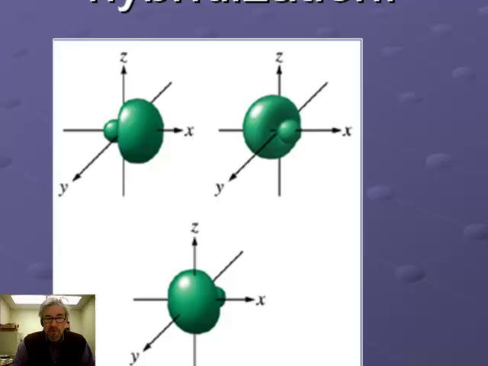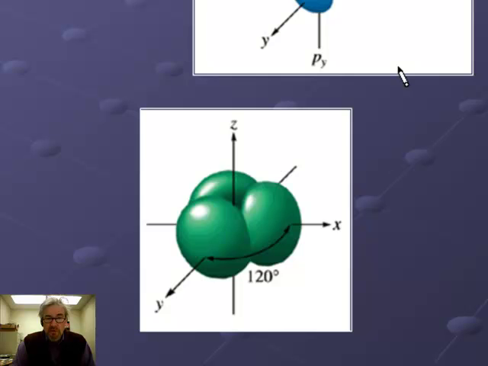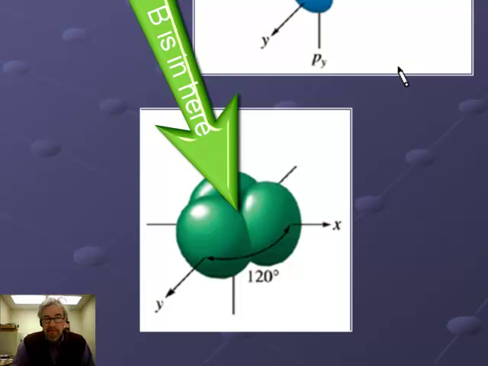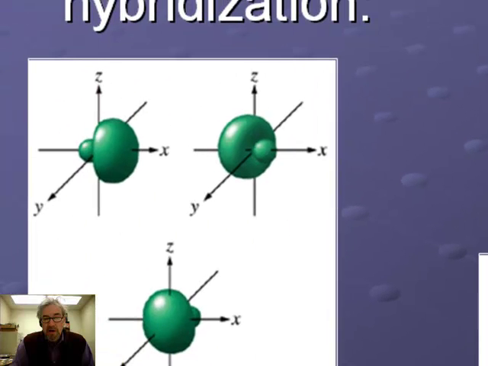Those three regions of electron density, the best they can do is get 120 degrees from each other in a flat surface, and so that's where the trigonal planar molecule comes from. And again, thinking of the central boron at the zero point of these three axes, on the one side we have reduced electron density and increased electron density on the other side, where it's going to reach out and maximize overlap with another atom, chlorines in that case.